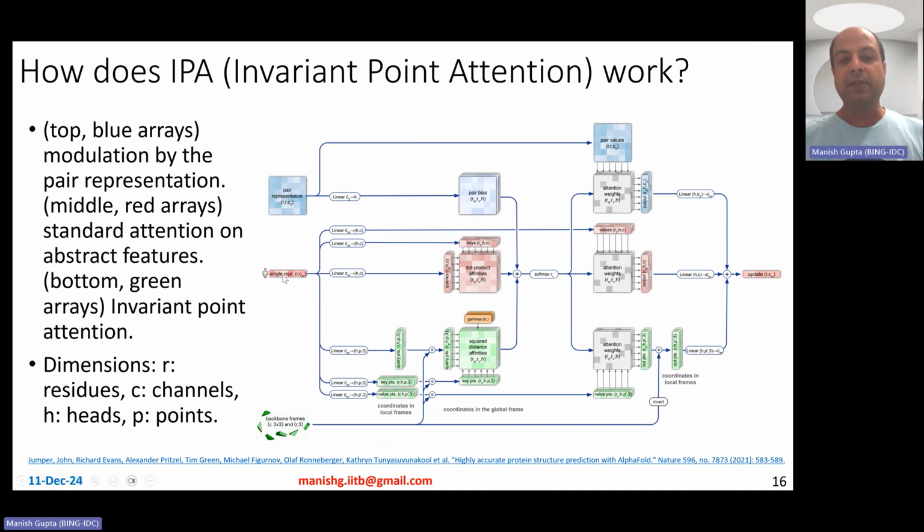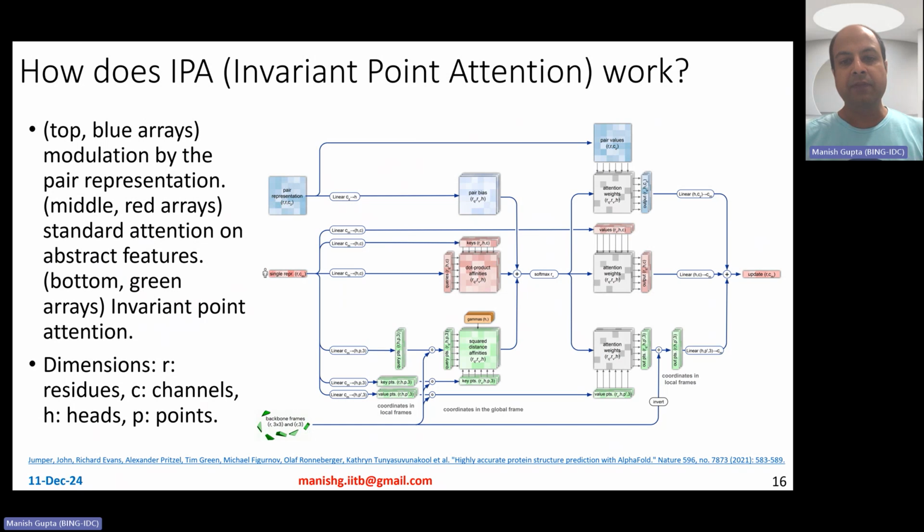Single representation is R Cm, which means for every residue, you have a Cm sized feature vector. Backbone representation is R 3 cross 3 and R 3. So for every residue, you know the translation coordinate from the origin and the rotation, basically how it is rotated from the standard 3D frame, okay?